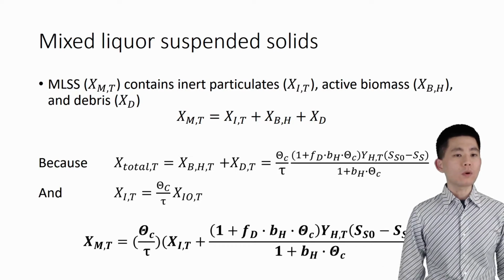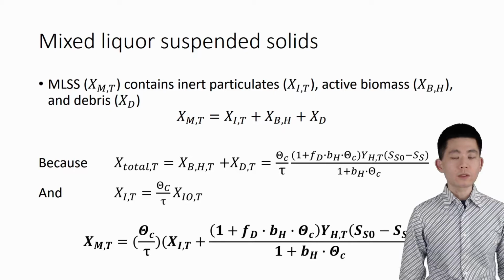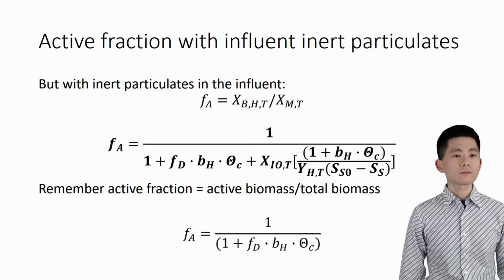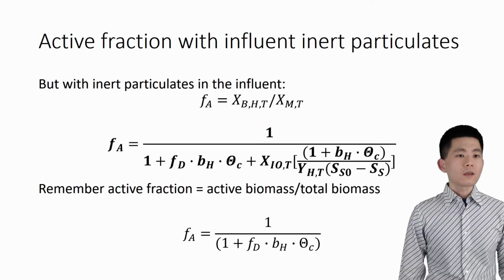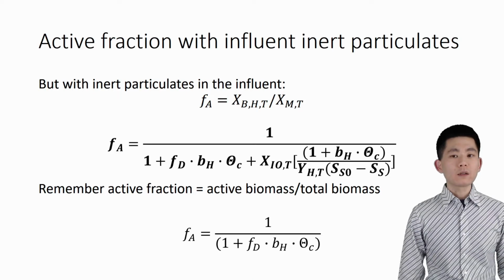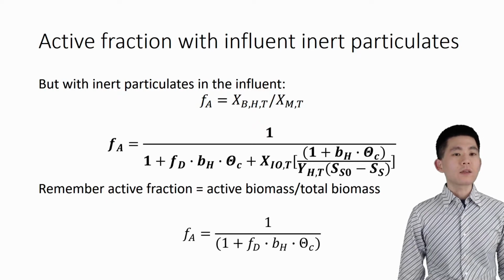MLSS is an important and widely used parameter for biological wastewater treatment, as it's what's actually measured in real-life reactors. Now, the inert particles in the reactor also become part of the denominator for the active fraction. So the active fraction is active biomass divided by MLSS, and is lower than that with no inert particles in the influent.